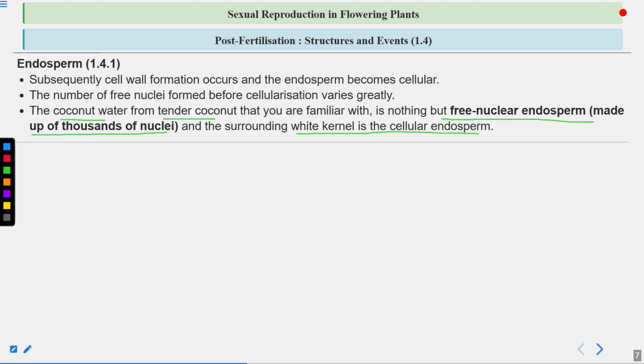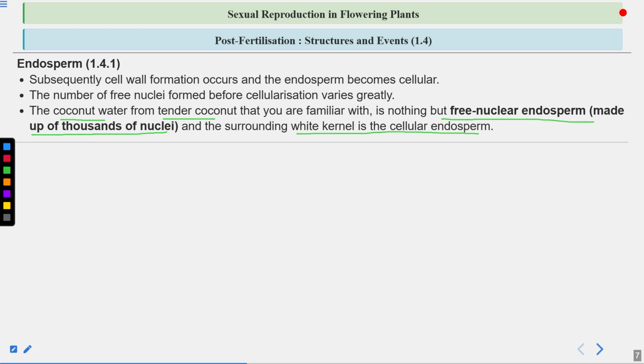So two cells. Now the two cells again divide and form four cells. Here I am talking about cells, not nuclei. When nuclear division and cellular division take place simultaneously, that type of endosperm is called cellular endosperm, the second type.